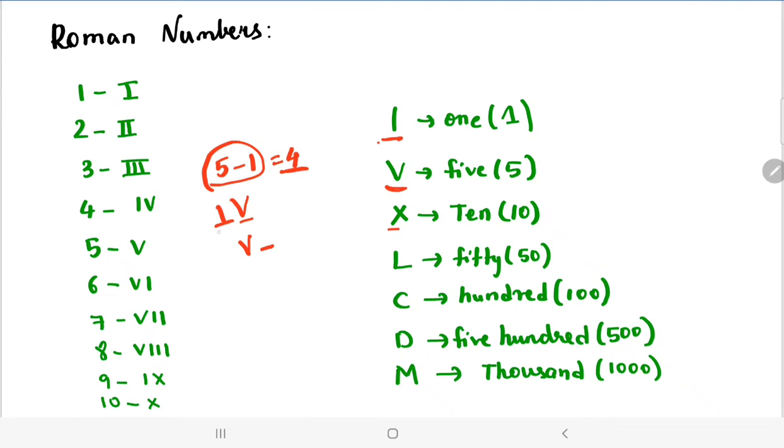Here, the one that I have written will represent this one, and this 5 will represent this. So when I write like this, it means that from 5 we are taking 1. From 5 if we take out 1, we will get 4. So this is how we write 4 in Roman numbers.